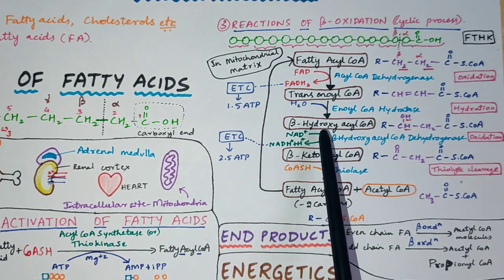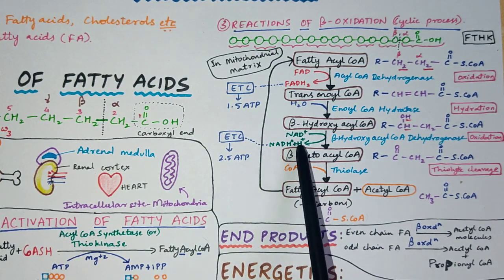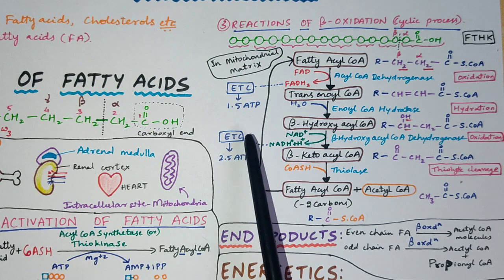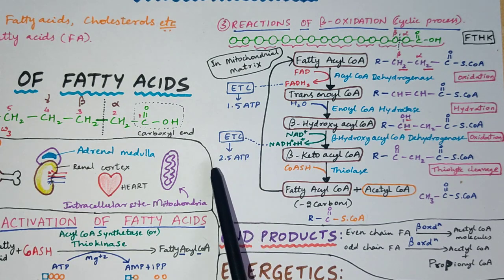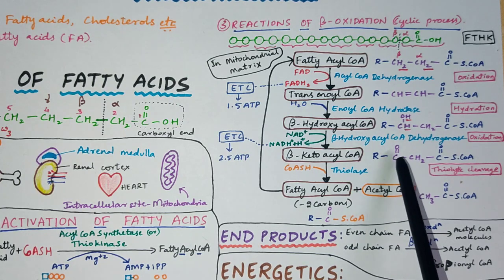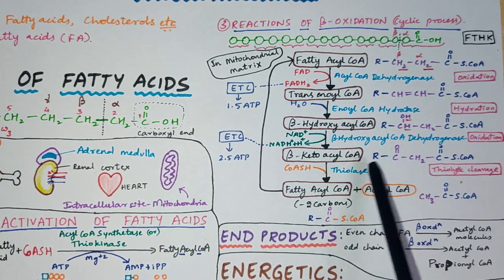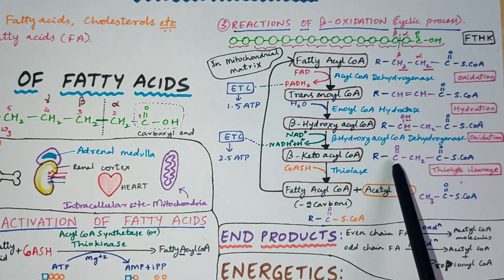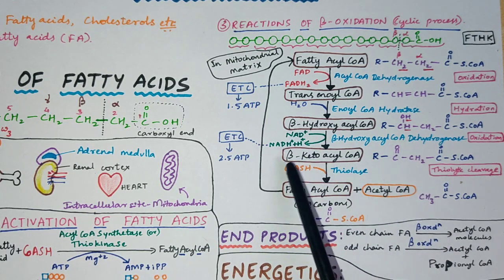NAD+ combines with two hydrogens to form NADH2 and then again it goes to the electron transport chain, that is ETC. Then it gives 2.5 ATP. And now what is the structure we got? We got a ketone. So the name is beta keto acyl-CoA. In the beta position there is a keto group, beta keto acyl-CoA.